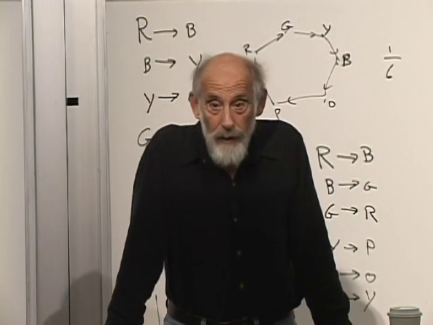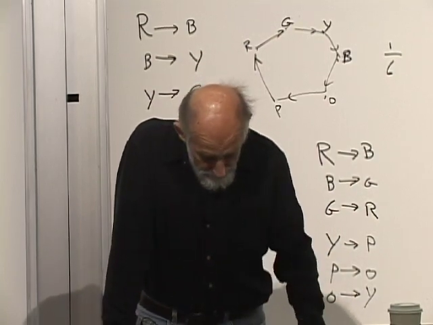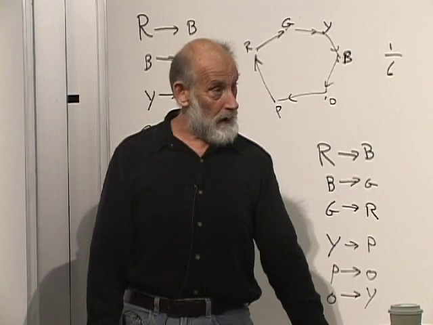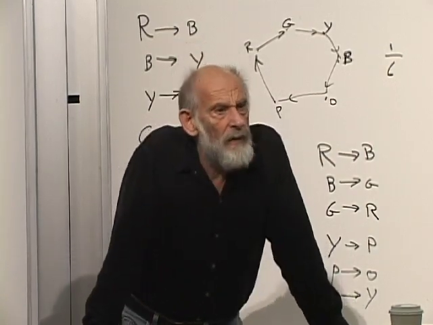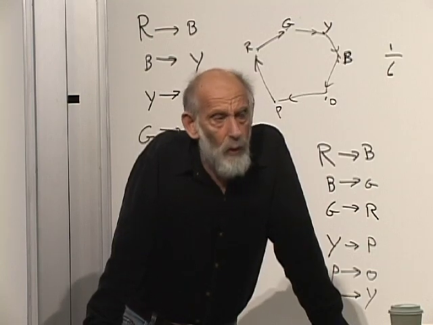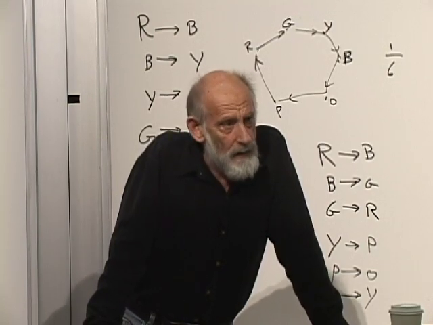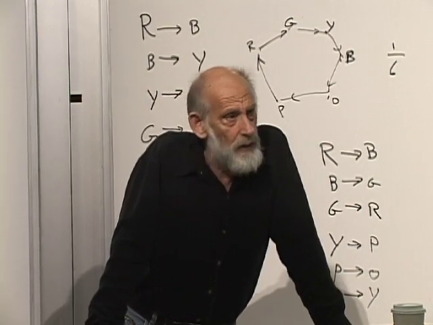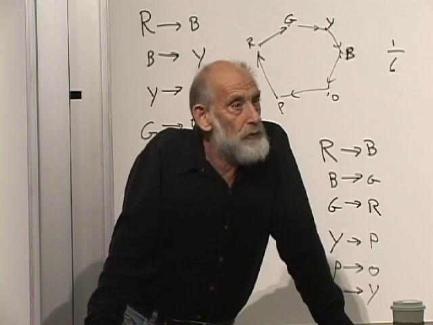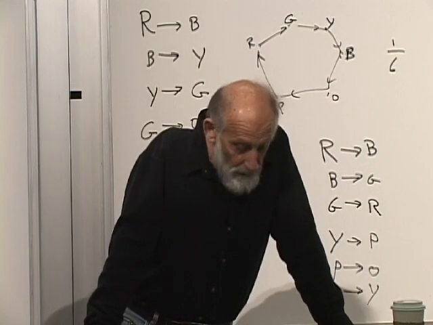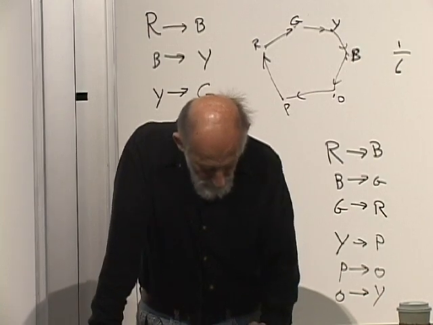And you don't know enough about the heat bath to specify the details of it. In classical physics, things are random not because there's any intrinsic randomness in the laws of physics, but because you simply don't know enough. We're going to talk about that. That's the basic idea of entropy.